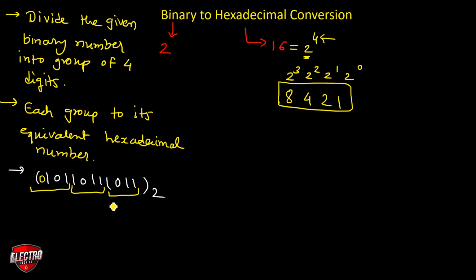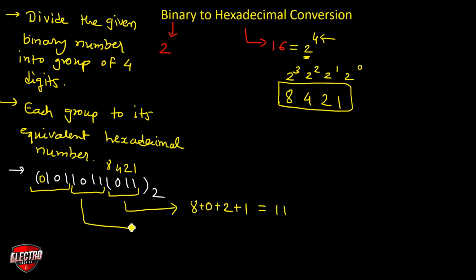So we use one code, that is 8421, to convert each group into hexadecimal number. So 1 multiplied by 1 is equal to 1, 2 multiplied by 1 is equal to 2, 4 multiplied by 0, that is 0, 8 multiplied by 1, that is 8. If we add all these numbers, then we get the equivalent number, that is 11.